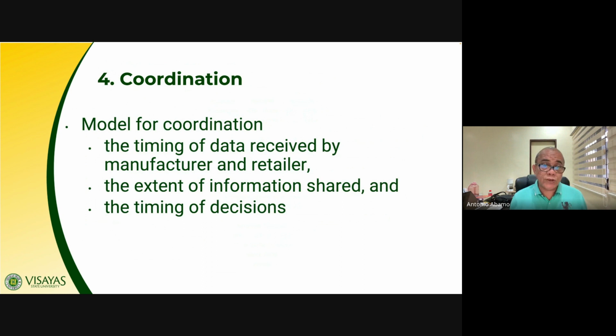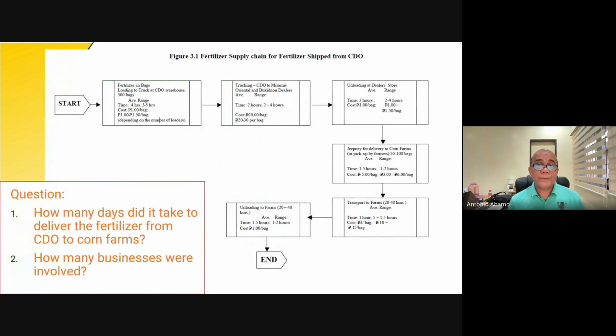Coordination is also very important to model in terms of time, information shared, and timing of decisions. That can be a way by which you improve efficiency. For example, how many days does it take to deliver fertilizer from CDO to corn farms? Or how many days would it take to deliver mangoes from Davao Oriental to Hong Kong?